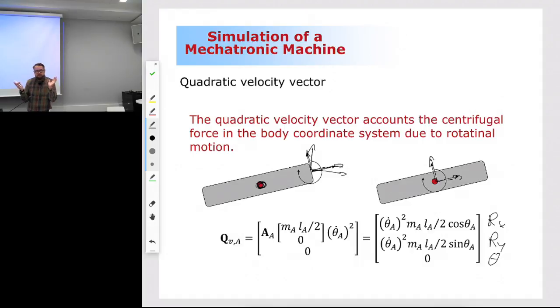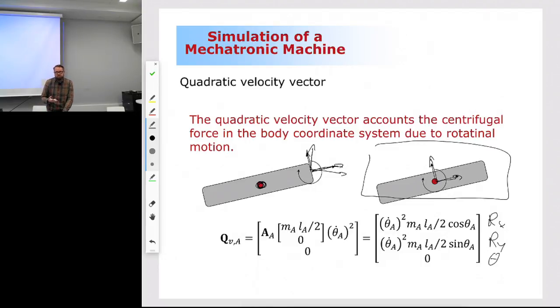There are no forces. That's why the quadratic velocity vector in this scenario is equal to 0. Okay. A little bit of a complicated matter, but we're going to practice all this a few times. I promise you that.